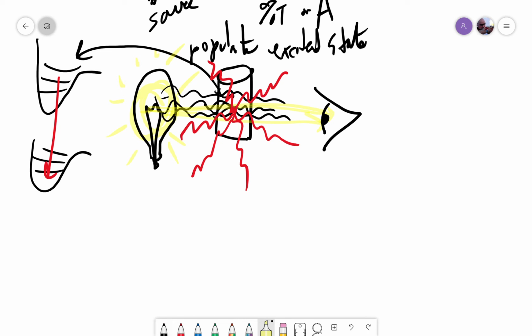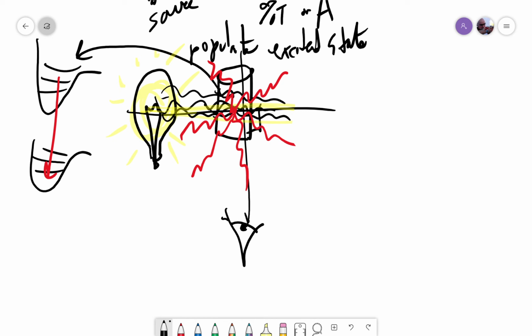So in fluorescence, what you can do is change the detector to 90 degrees away from the axis of the excitation.